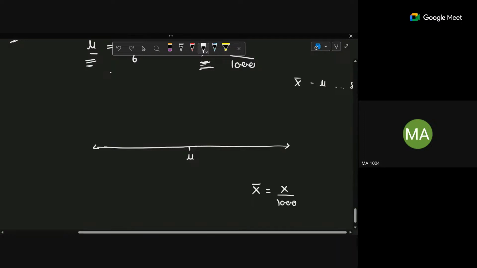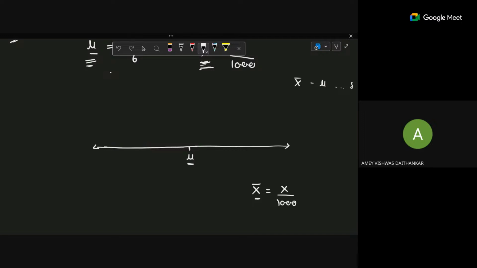Now we are interested in the difference between this sample mean and the actual mean of the random variable X. In the lecture, sir has described it as distribution mean. Yeah, we can say distribution mean because x1, x2, up to xn all follow Bernoulli distribution. So the distribution mean should be 1 by 6.